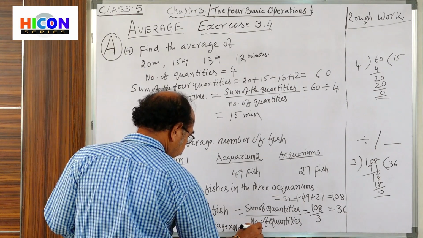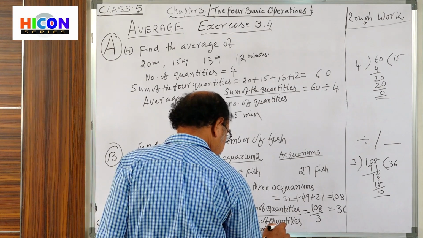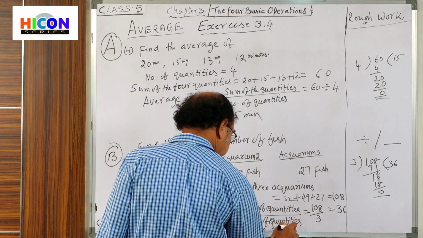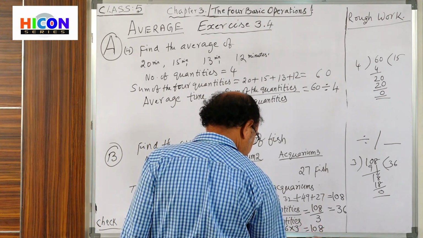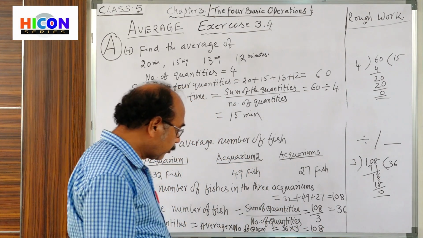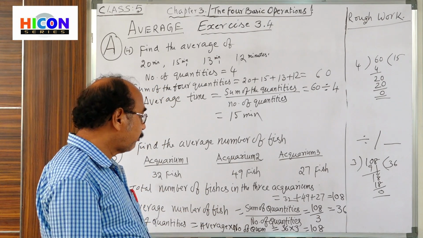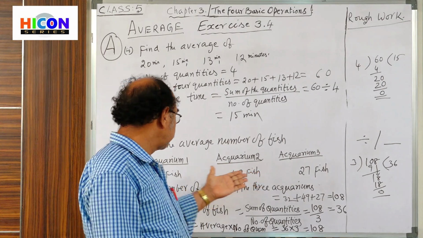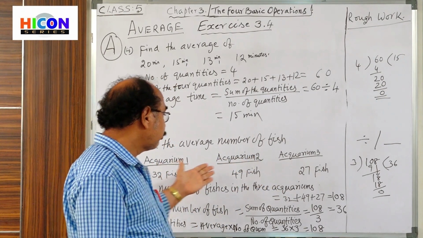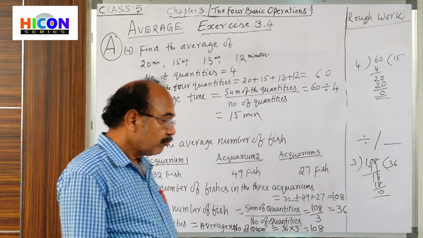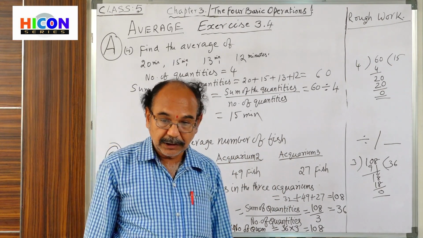That is equal to average, here 36, number of quantities 3. 3 into 36 is 108. Okay, children. 108. That is the total number of fish in the beginning. The total number of fish you calculated by adding the 3 numbers 32, 49, 27 is 108. So like this you can check your average answer.